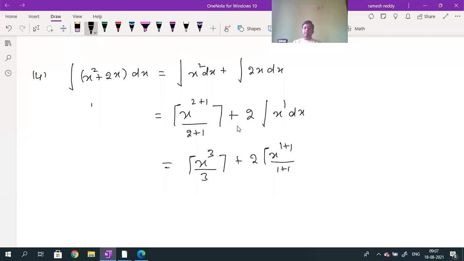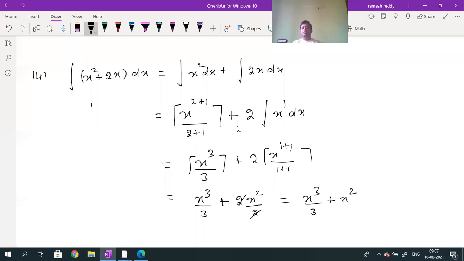Right? So the answer is x cube divided by 3 plus 2 into x square divided by 2. The 2s cancel. The final answer can also be written as x cube divided by 3 plus x square. This is the final answer.